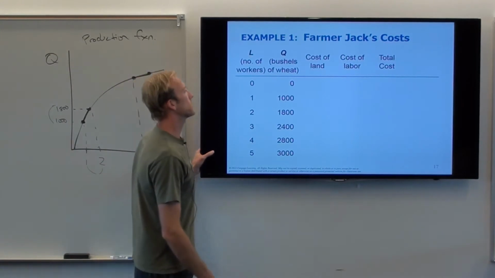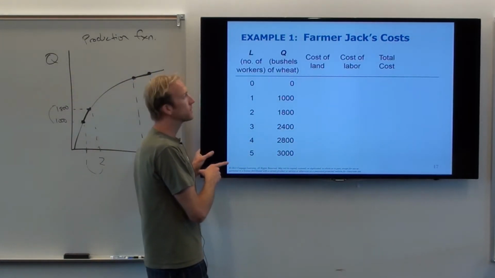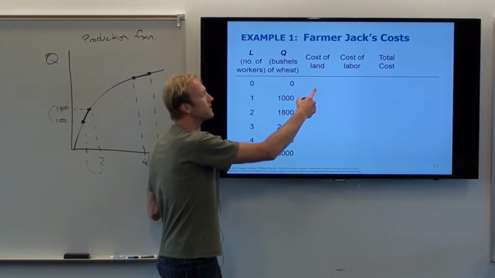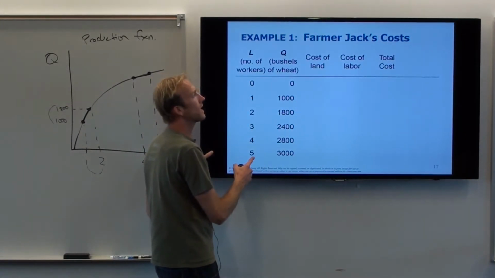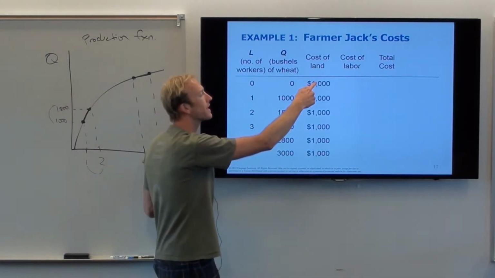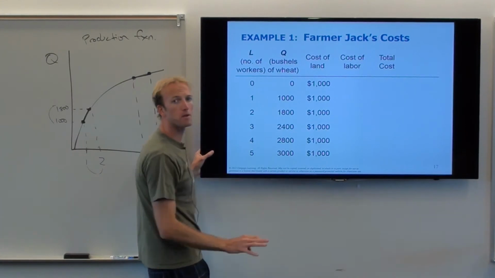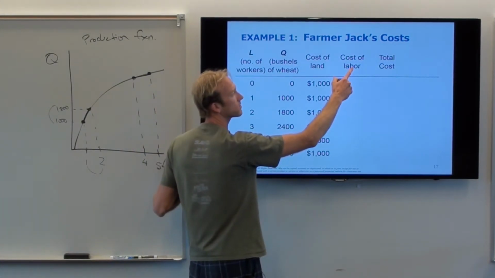So let's put out the costs here. So here's the original production function. In all of these situations, whether he has 0, 1, 2, 3, 4, 5 workers, how much does the land cost him? 1,000. So the land always costs him 1,000 no matter how many workers he has. Okay? But what does change?